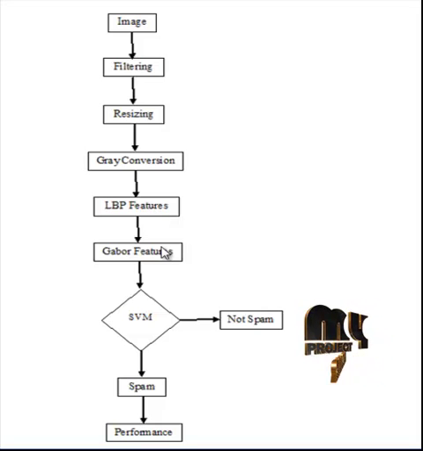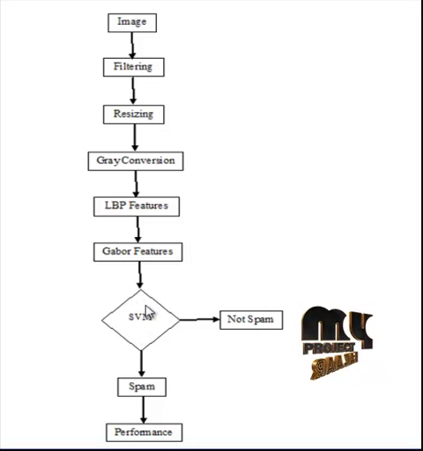Gabor features were extracted from the images that represent the statistical parameters estimated during the orientations of the images, and the extracted values were combined and then passed to the SVM classification methodology.